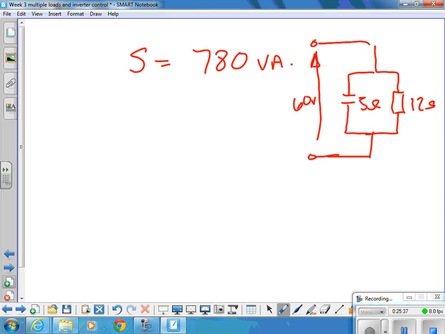Now that we know the total apparent power here is 780 VA and that's being supplied by 60 volts, this is 3 and this is 1. We can find the total current flowing, IT, because S is equal to the voltage times IT.